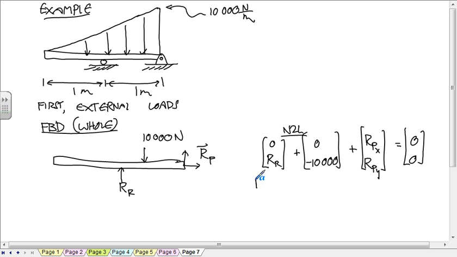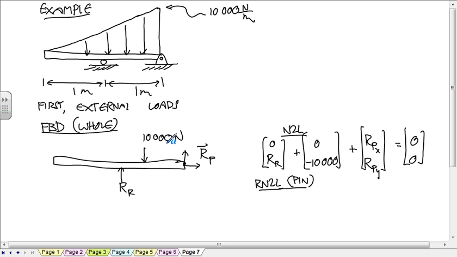And then the rotational equation. Let's take our moments about P, about the pin. So let's see. We have a moment with a moment arm of 2/3, 0.67 meters, times 10,000 newtons, and would that cause a clockwise or counterclockwise rotation? Counterclockwise, because this is the about point.